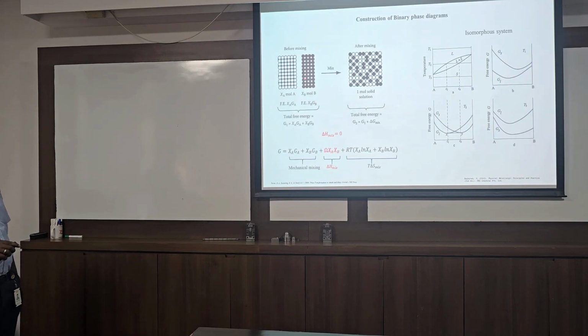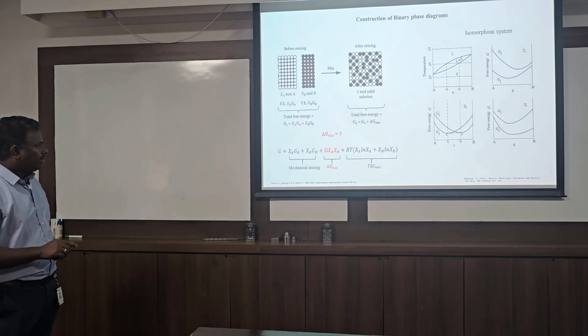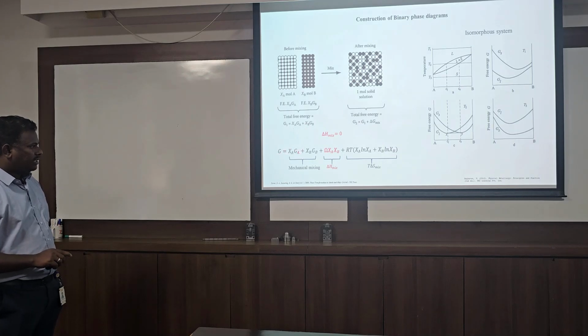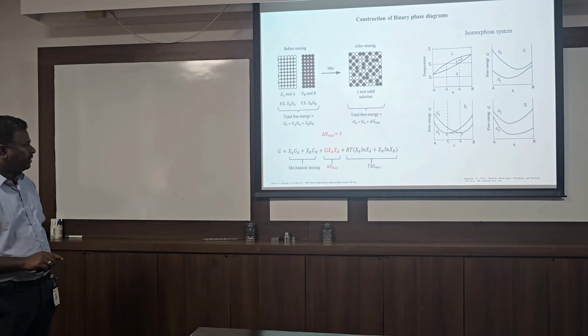So I take X A moles of one element and another element, and I mix them, just mechanical mixing of the atoms. When you do just mechanical mixing, you will have this kind of expression. This is the expression of the phase diagram, basically. This is the governing equation.